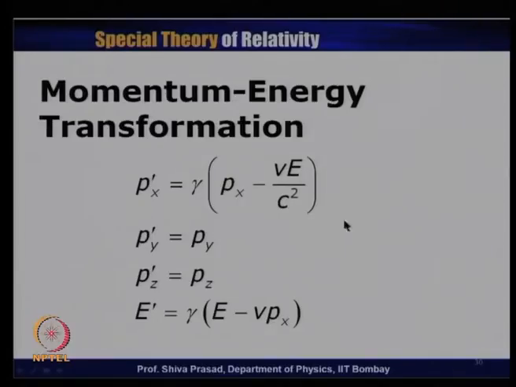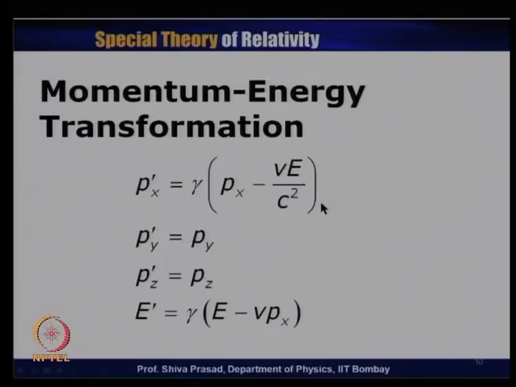Probably one would have noticed the symmetry in these transformation equations. This type of equation, x minus vt, was appearing for the x component. Here it now appears for the fourth component, which is the energy. In the momentum, which was the first component, the equation is gamma times px minus vE by c². A similar type of equation was there for t prime, which turned out to be gamma times t minus vx by c².